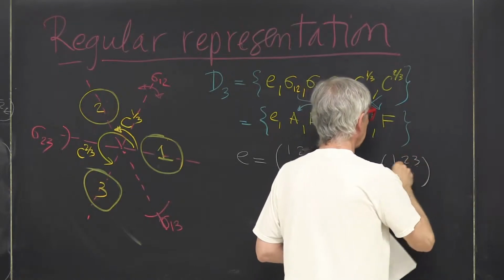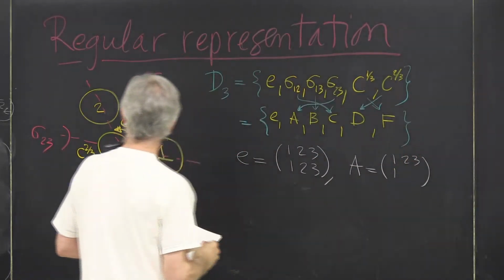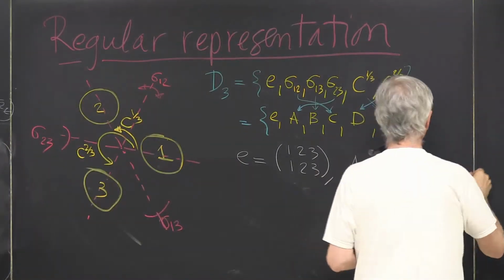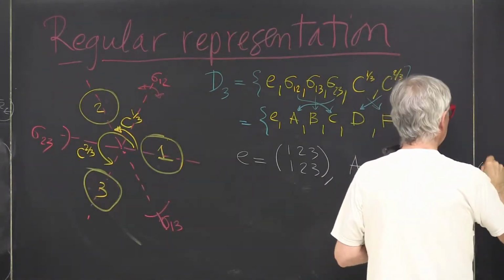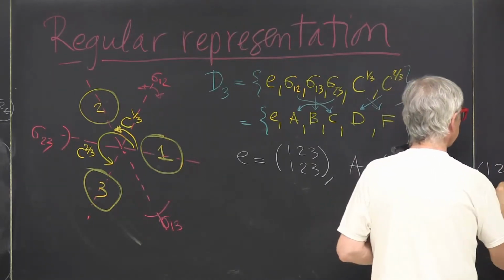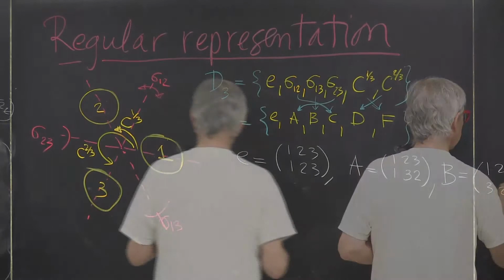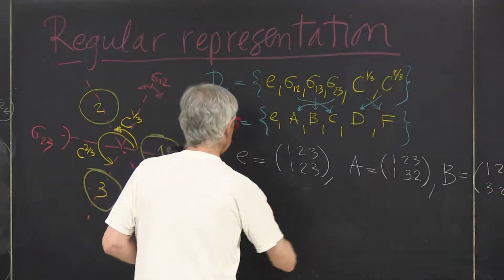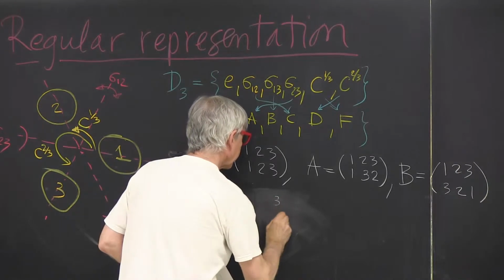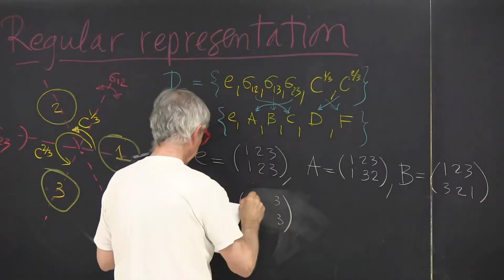I don't touch 1, but exchange 2 and 3. I call that B. Then 1, 2, 3. I don't mess with 2, but exchange 3 and 1. Then I don't mess with the third disk, but I interchange the first 2.